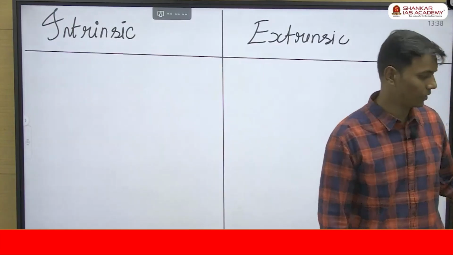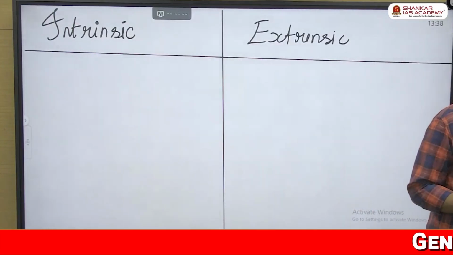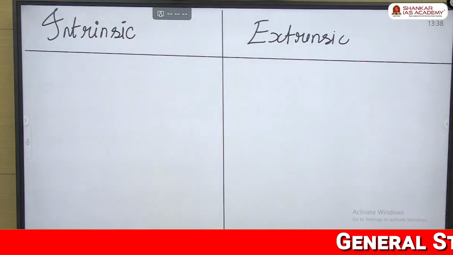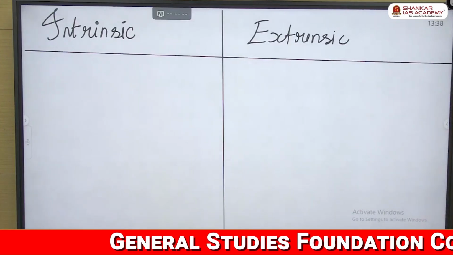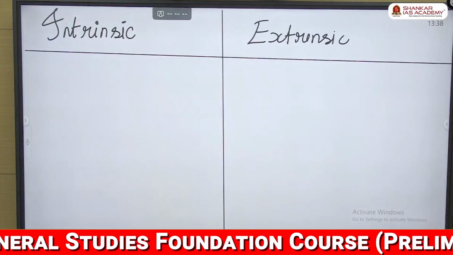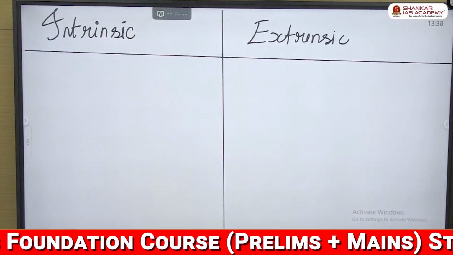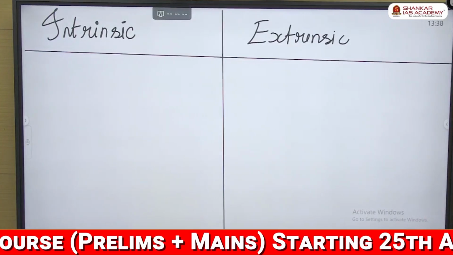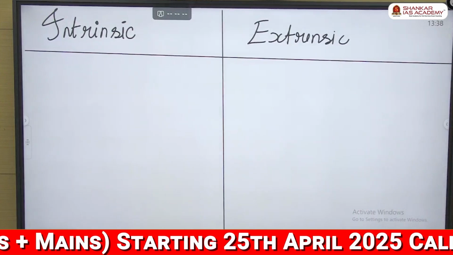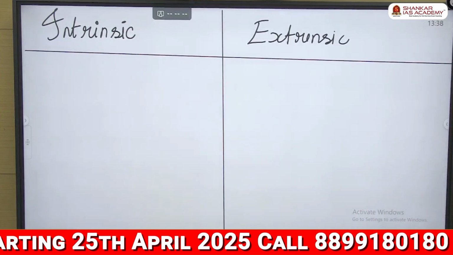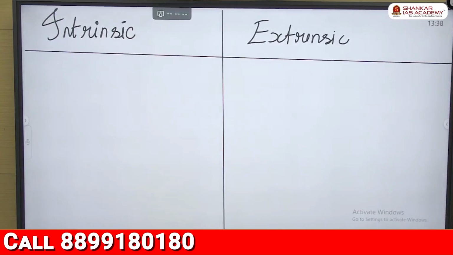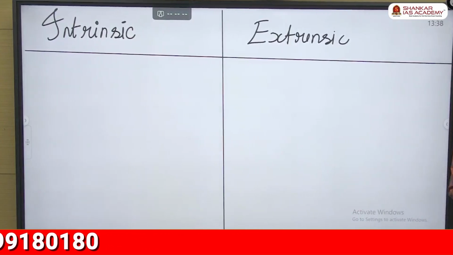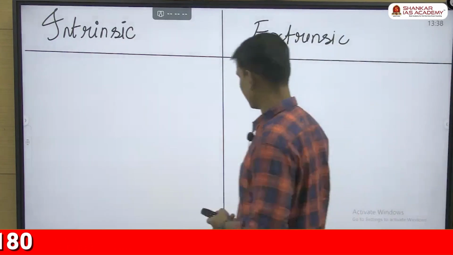Under intrinsic semiconductors, you can write they're also called pure semiconductors. And extrinsic semiconductors are called impure semiconductors.